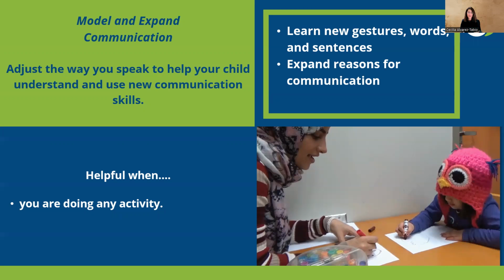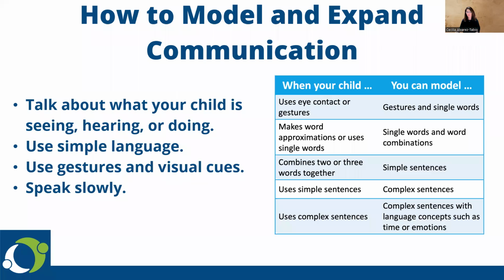Expanding involves adding language or gestures to your child's communication. So this particular technique can help your child learn new gestures, words, and sentences, and can also expand the reasons why your child communicates. You can use this technique during any activity. So let's discuss how you can use model and expand communication.